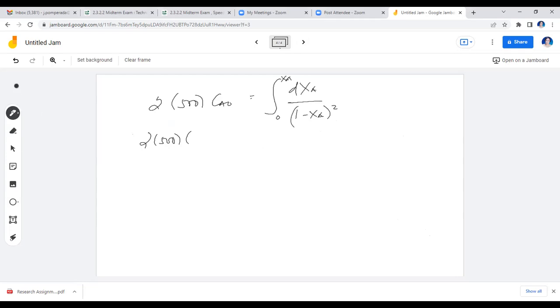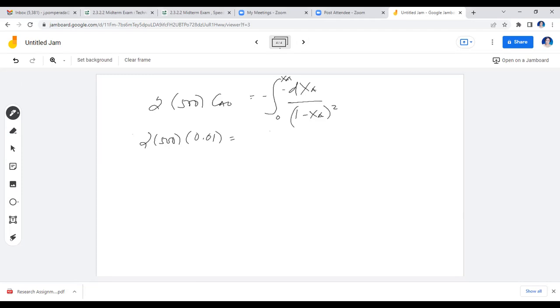So this is 0.01. And if this is integrated, the derivative of this is negative, and you will have negative here. And the integral of this would be (1 minus XA) raised to negative 1 over negative 1. So this will be gone.